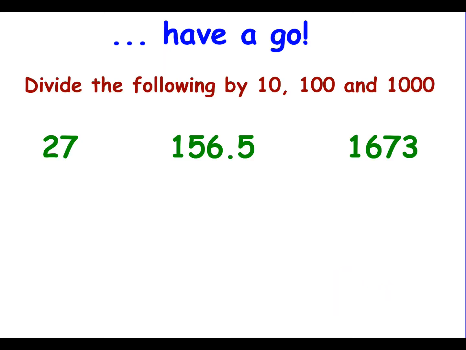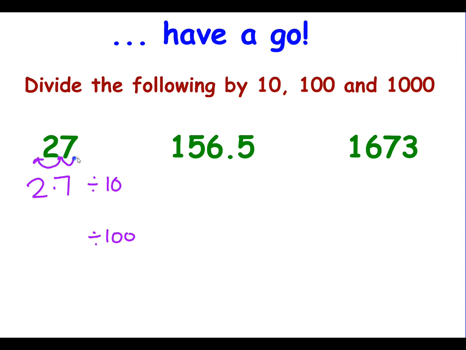Have a go at these 3 numbers and divide each of them by 10, 100 and 1,000. Okay, let's go through the answers. So when we're dividing 27 by 10, the decimal point for 27 lives here. So to divide by 10, it's 1 decimal place to the left, so it becomes 2.7. When we divide by 100, we move it 2 places from its original.